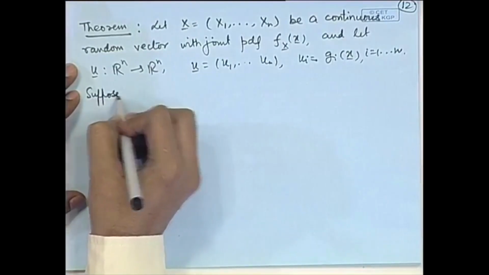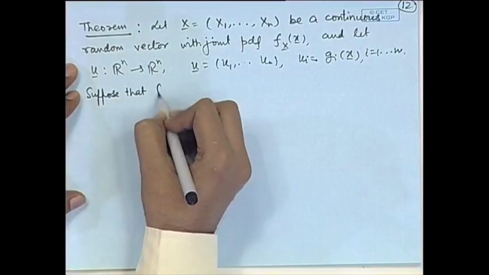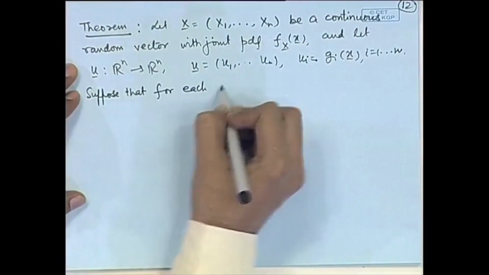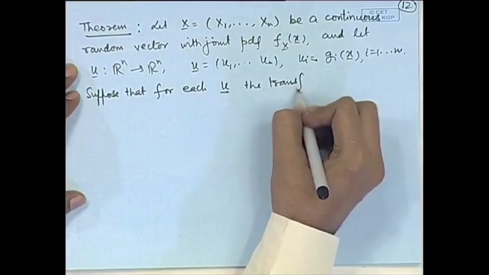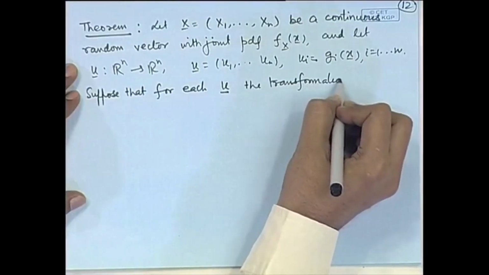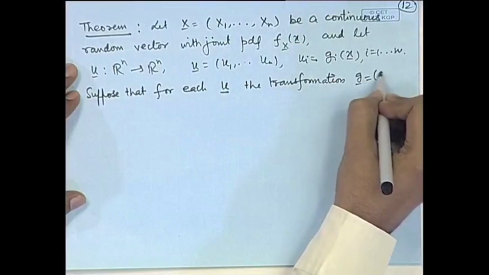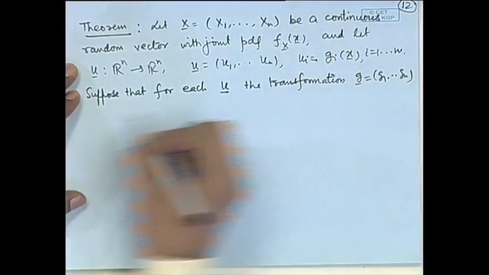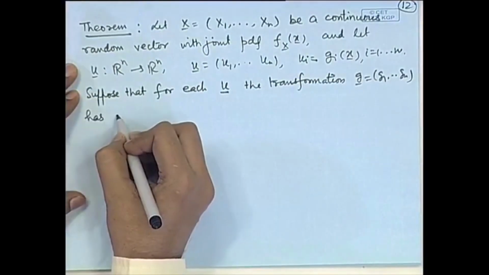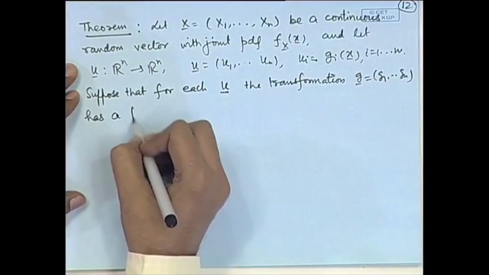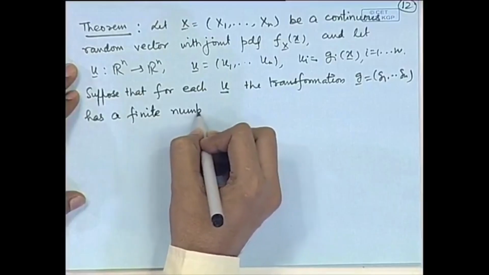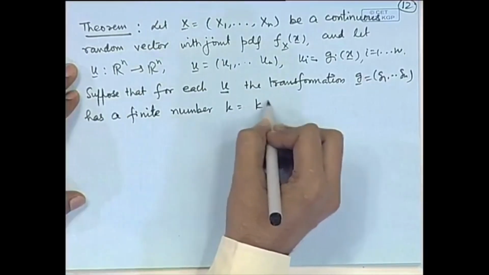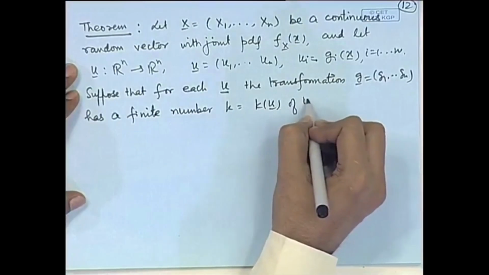Suppose that for each u the transformation g, that is g1, g2, gn, has a finite number, say k, of inverses.